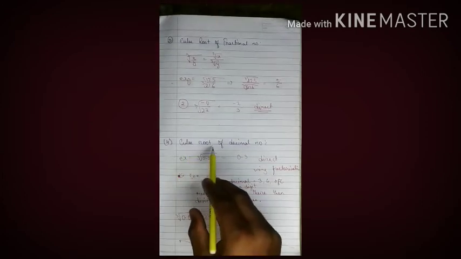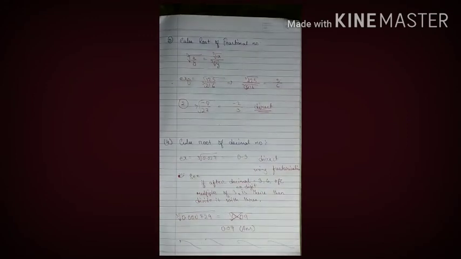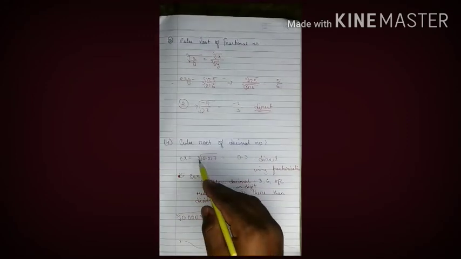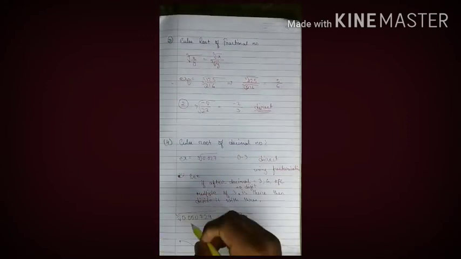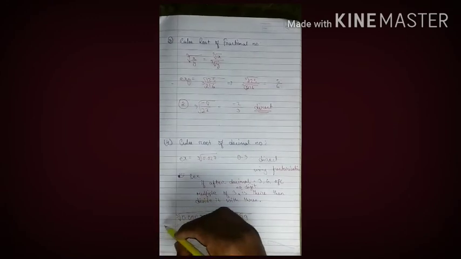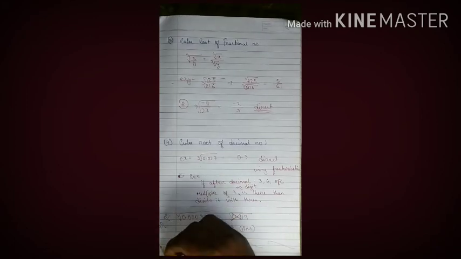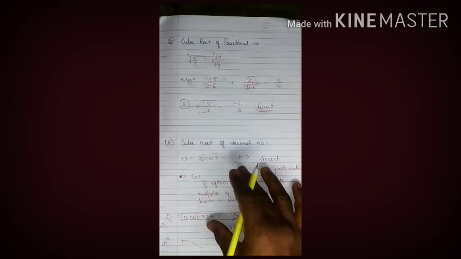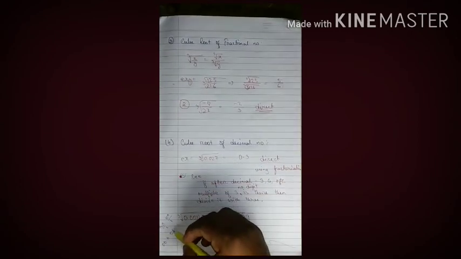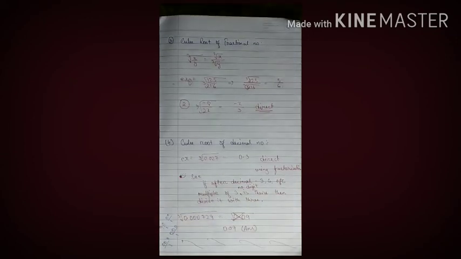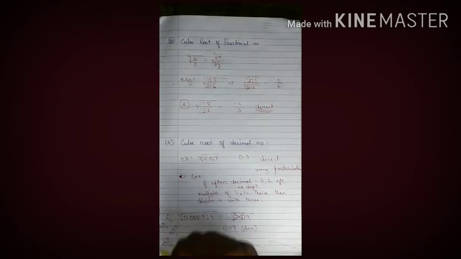Cube root of a decimal number. How will I find it? See here, how we did in square and square root: if 4 is there, then we take 1 1. Here, if 3 is there, you will take 1 1. Cube means 3 and square means 2.